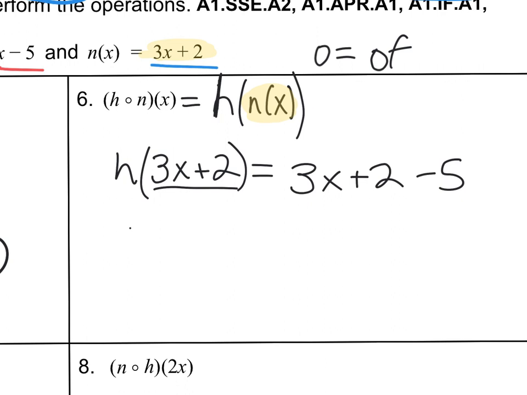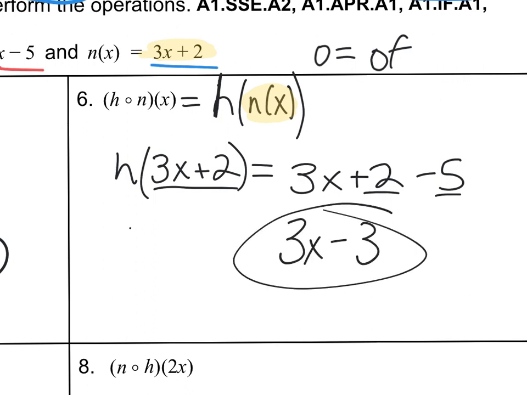Because this just went in for the x, and we still had the minus 5. So now we combine like terms, as Ryan said. 2 minus 5 is going to just be a negative 3. So 3x minus 3 is our answer. Questions on that?